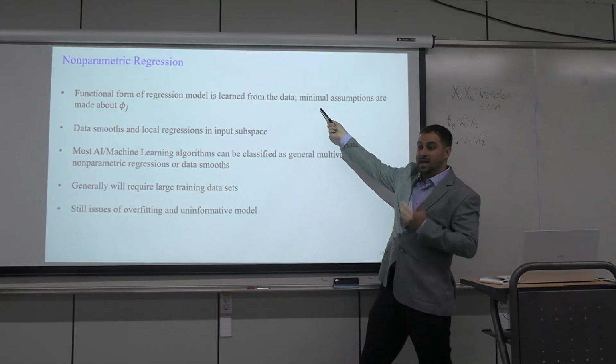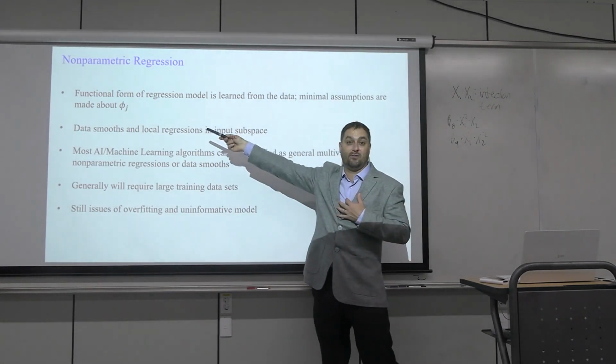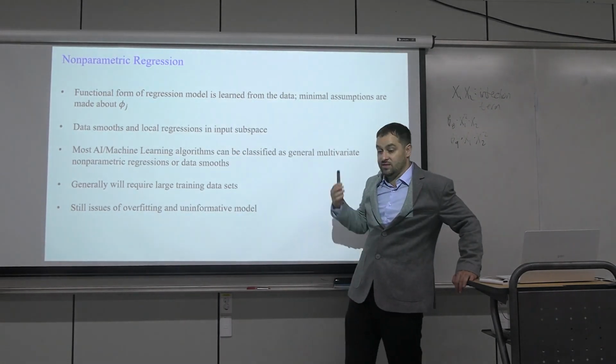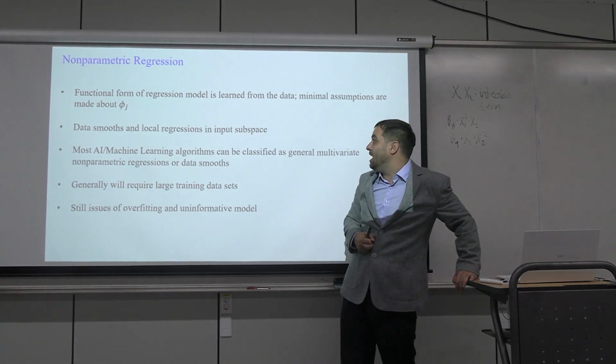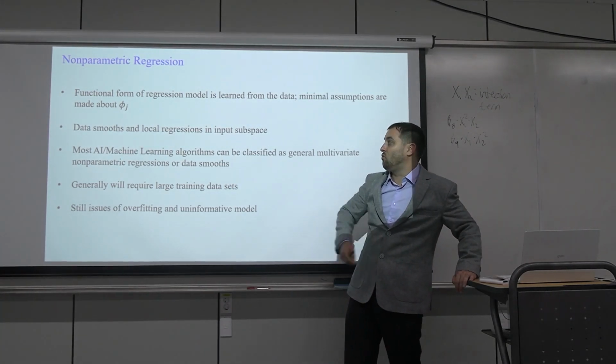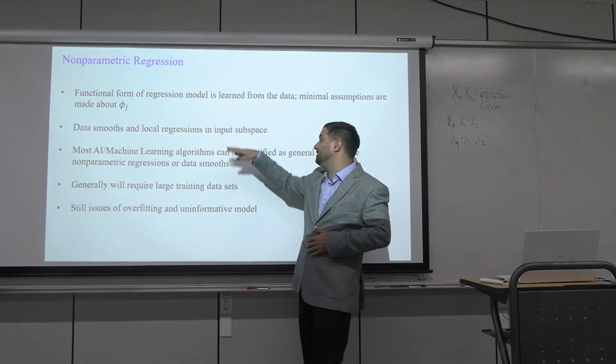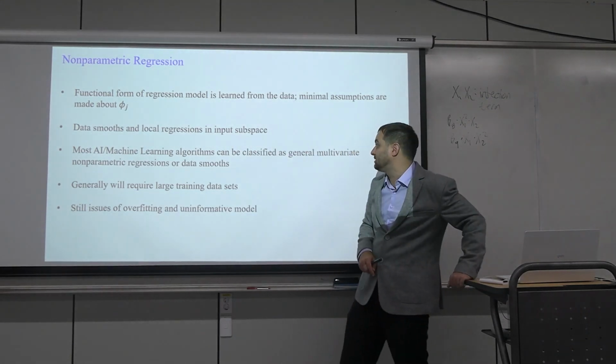Basically, as an analyst, we make minimal assumptions about our phi of j, the functional form of the regression. These non-parametric regressions perform data smoothing or very local regressions in the input subspaces.